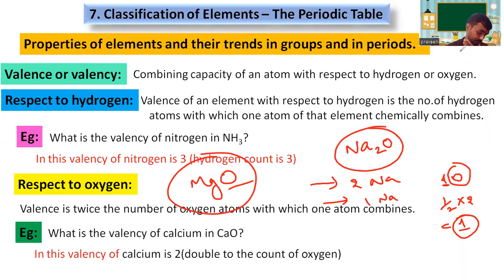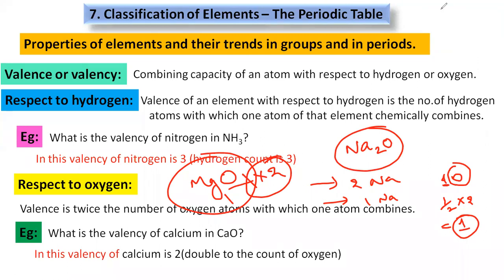Here, what to do? Magnesium 1 atom, oxygen 1 atom. The magnesium valency is required based on the oxygen, so make it double. So 1 into 2. 2 is the valence of magnesium. That's it. Clear? Am I audible? Yes, clear.